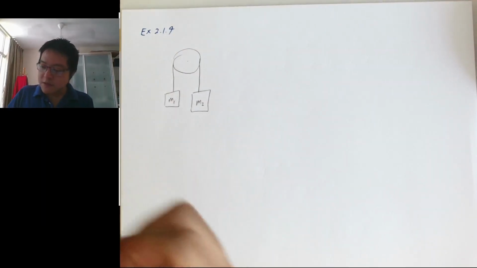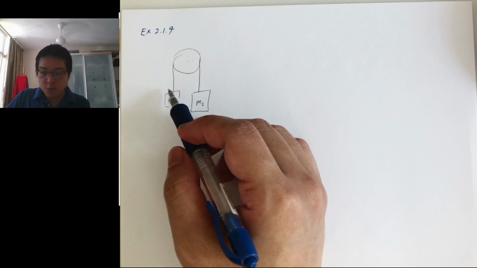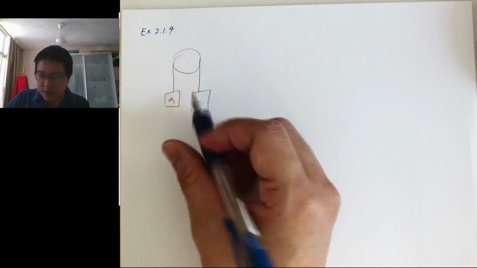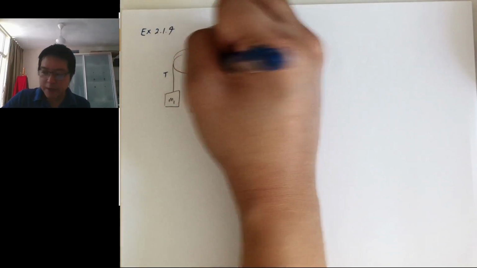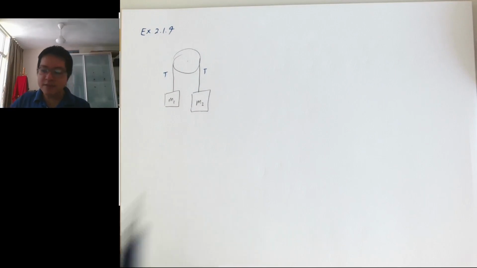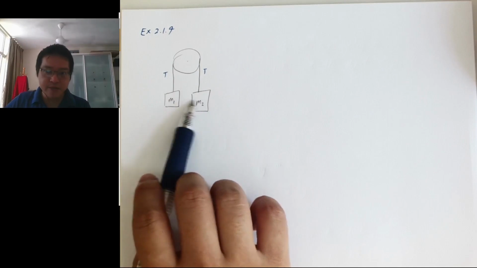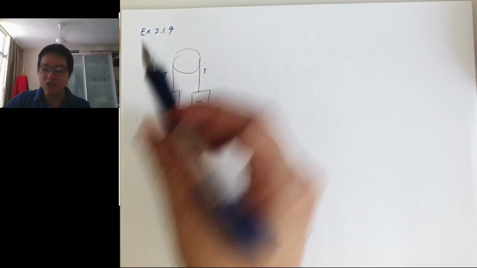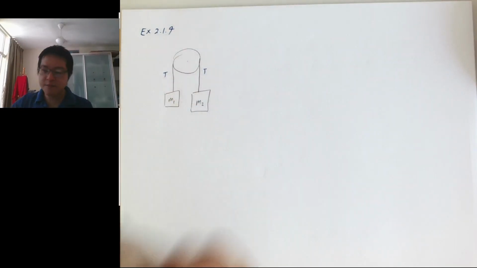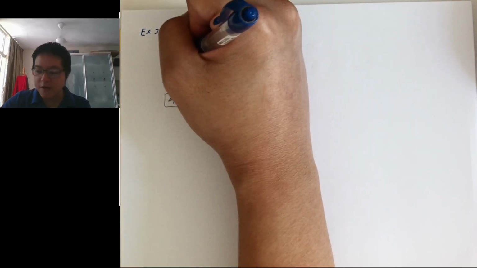This is a rope. It is one single rope attached all the way, so it should have one tension everywhere. And since this is a picture with multiple objects, I do not advise drawing arrows here, because you might confuse yourself.